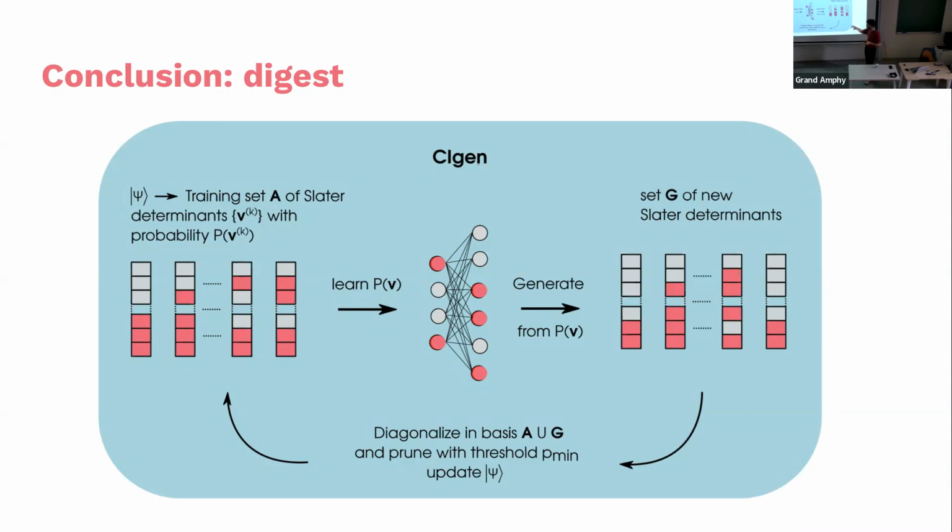And I can learn the joint probability distribution over the occupation of the spin orbitals thanks to the RBM model. I will then be able to sample new Slater determinants according to this probability, so new probable determinants according to this model. I will then diagonalize the new basis and repeat this procedure until convergence.